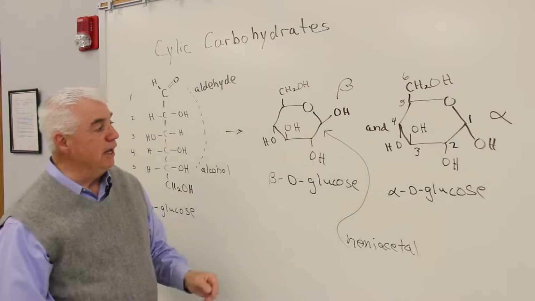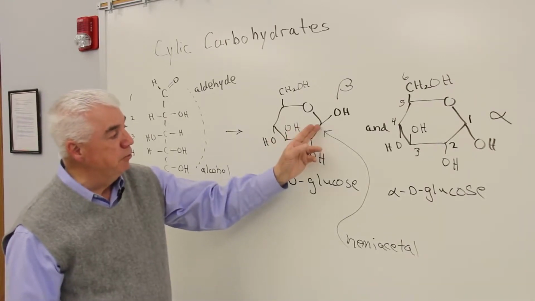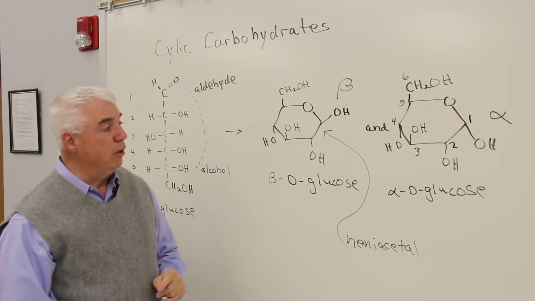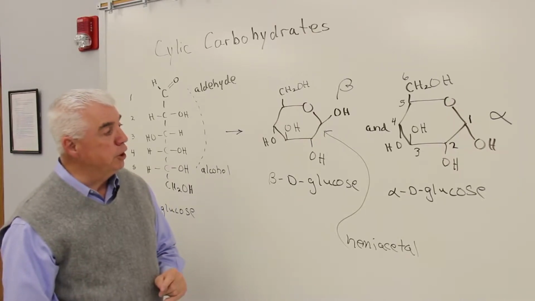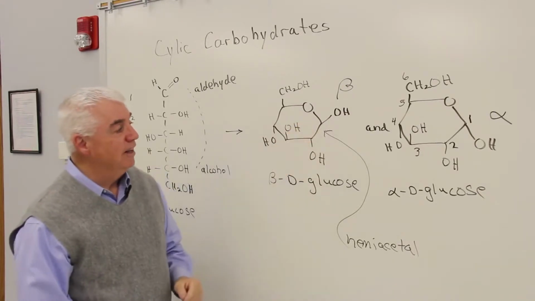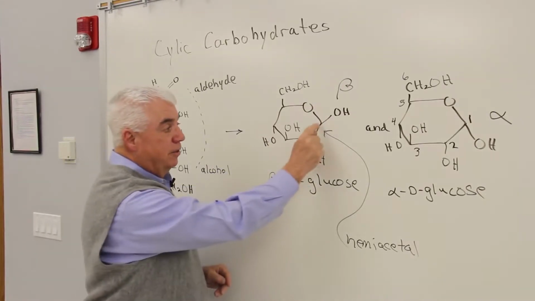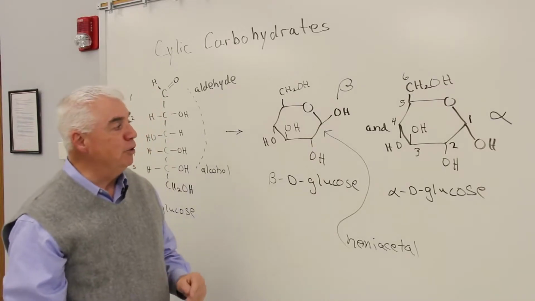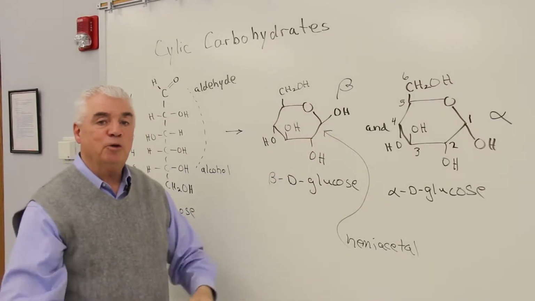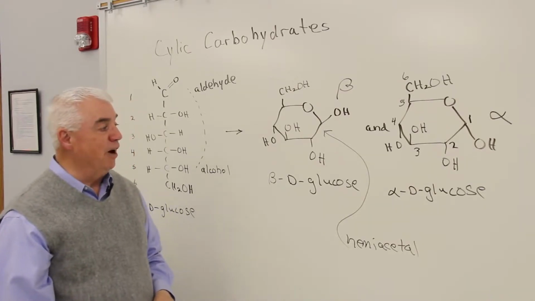And one other thing I'd like to point out is that this position right here, that carbon number 1, where we had the aldehyde carbon originally, this is now a hemiacetal. It's got an OH. There's an H there that we haven't shown. The carbon is attached to 2 oxygens, and those are the requirements for a hemiacetal.